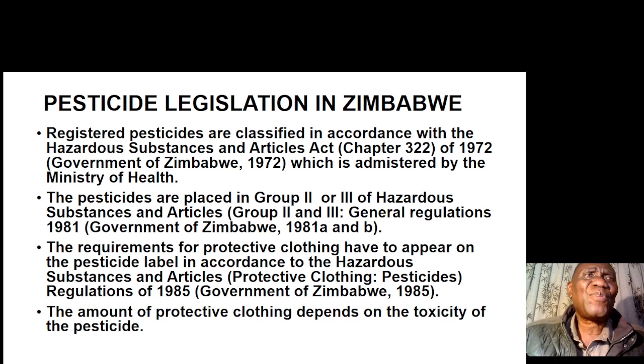The amount of protective clothing depends on the toxicity of the pesticide. Whilst the legislation administered by the Ministry of Agriculture may focus on the efficacy of the products, the Ministry of Health looks at the safety of using these products.